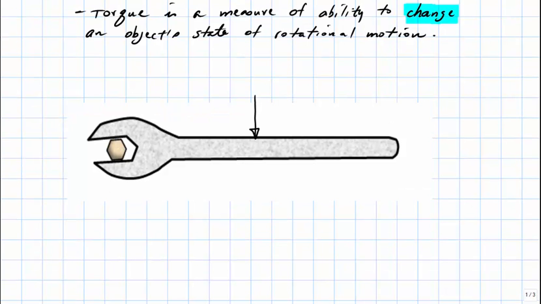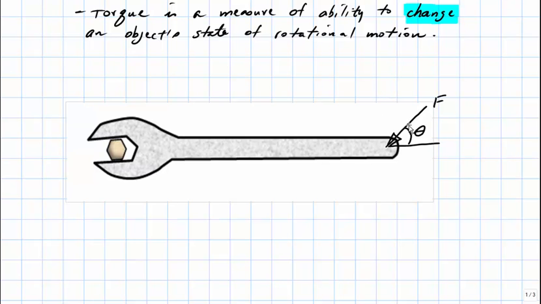In order to answer this question, let's apply a force at the far end of the wrench. We're going to label that force as F. And let's also note that this force makes a certain angle with respect to the axis of the wrench. We're going to label that angle as theta. Now, earlier we noted that if we apply a parallel force, that force does not enable the rotation of the nut, whereas a perpendicular force does.